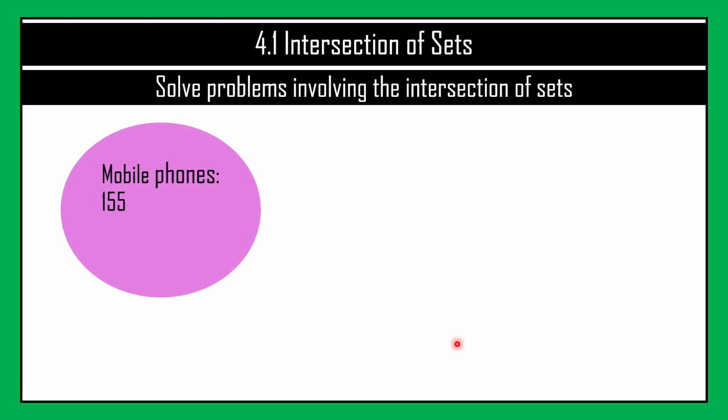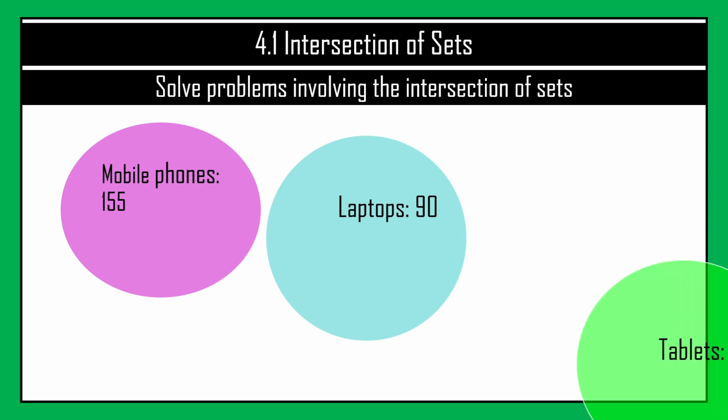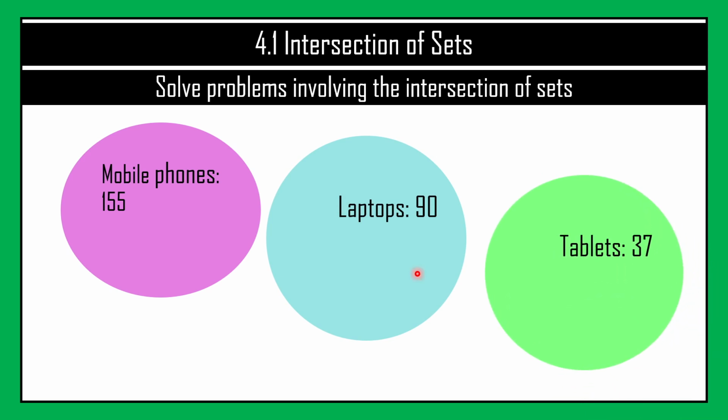Alright, so for mobile phone, I'm going to use the magenta color, which there are 155 of them. And then the next one is laptops. Okay, we have 90 of them. And then tablets, we have 37 of them.